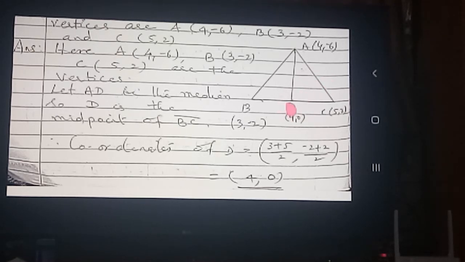So you got the value of D, no? After getting the value of D, you can easily find out the area of triangle ABD and triangle ACD. For the area of triangle ABD, A is known, B is known and D is known, so we can find out the area. For the area of triangle ACD, A is known, C is known, D is known, so we can find out.